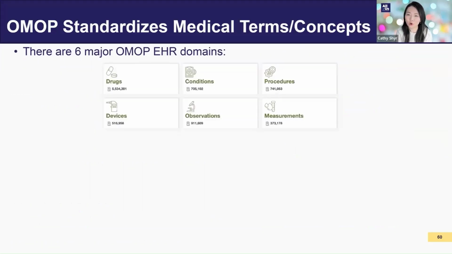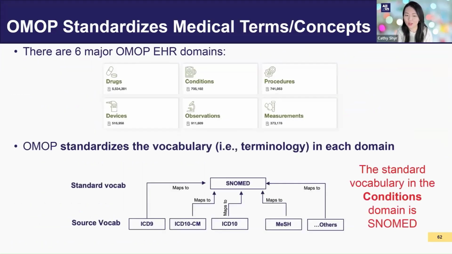Even though we have two codes indicating the same thing, the idea of OMOP standardization is that we want to harmonize different vocabularies so that we're all on the same page here.